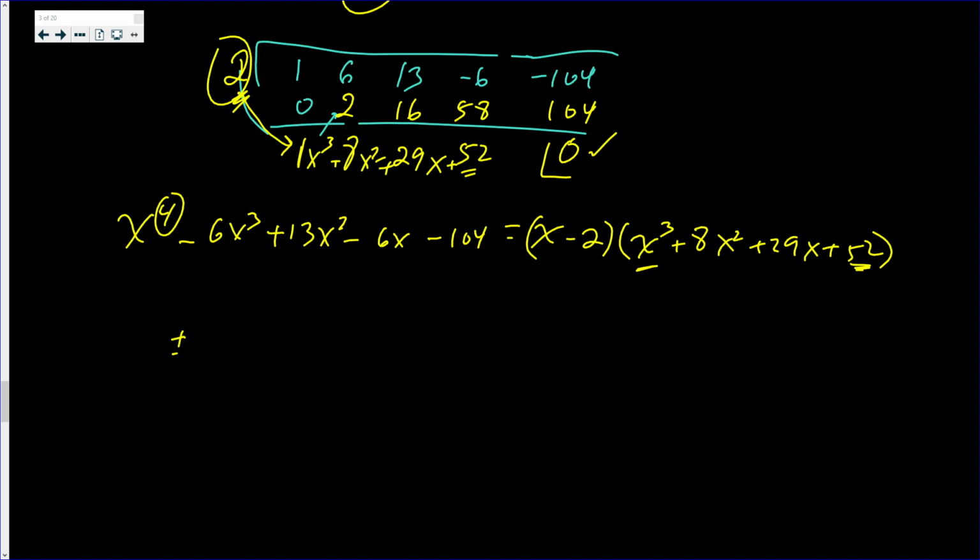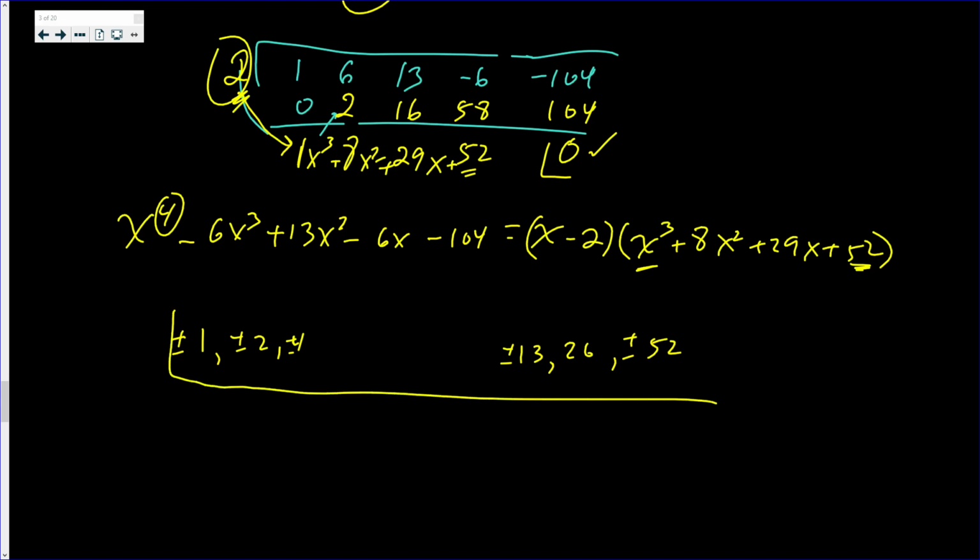The numbers that go into 52 are plus minus 1, plus minus 52, 2, 26. 3 doesn't go in. 4 goes in 13 times. 5 doesn't. 6 doesn't. 7 doesn't. 8 does not.